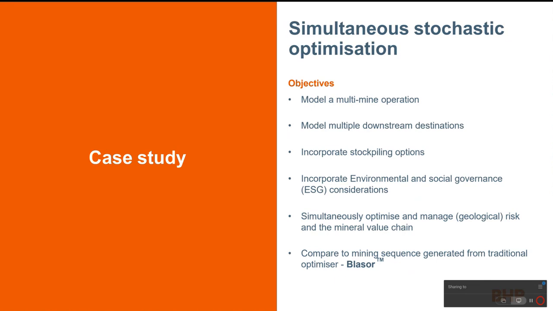It also included stockpiling options and incorporated some ESG, or environmental and social governance, considerations, and simultaneously optimised the mining sequence to manage the geological risk in that mining value chain, and compared that to our traditional techniques, which is done using our internal company software called Laser.